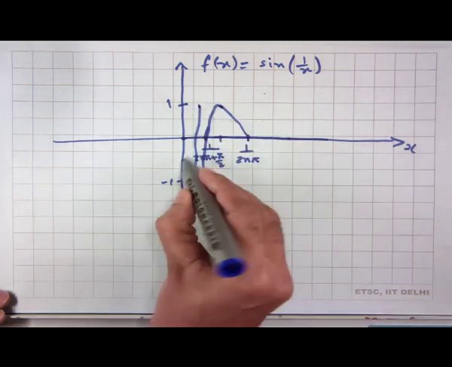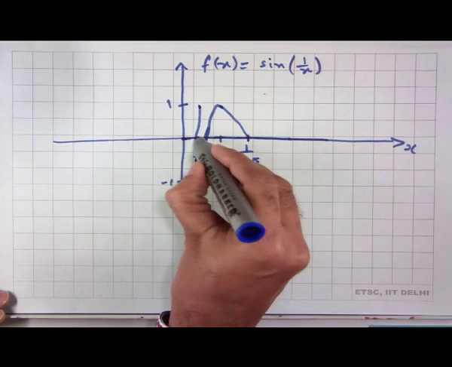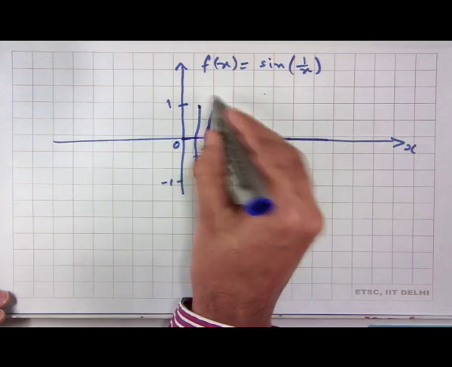So, as you go near x equal to 0, this keeps oscillating.